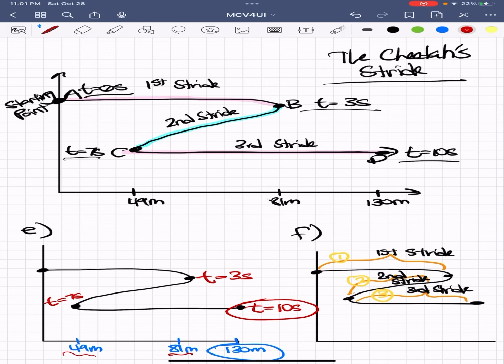And then we have, so those are the differences between E and F. And as a reminder, we'll do the position at 10 seconds, and then we will do distance traveled.